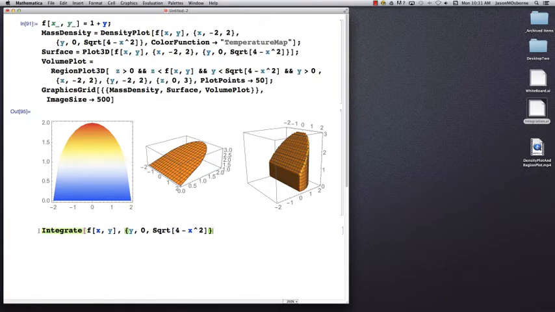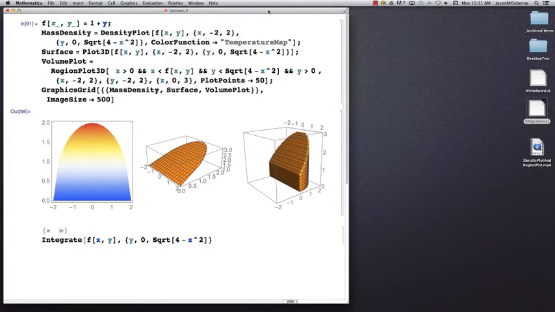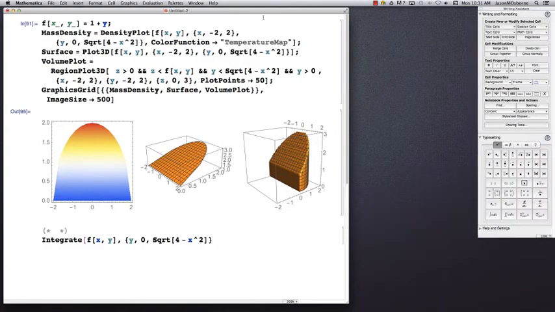So this notation here, I'm putting a little message for you. I'll bring up the writing assistant so you can see how this works.